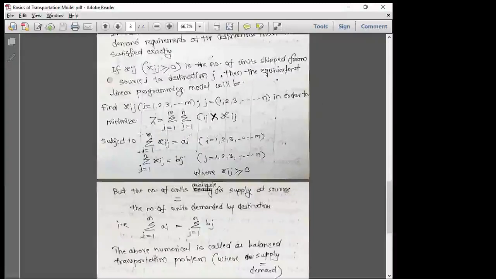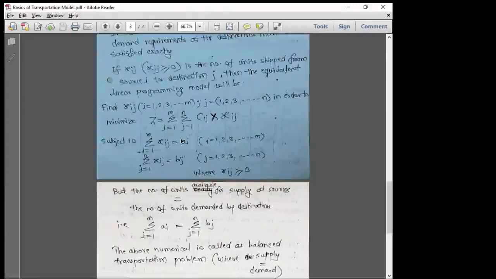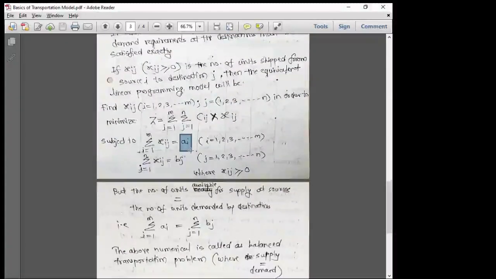So the total number of units supplied should be equal to the total number of units available at the factory. Similarly here, the total number of units supplied is equal to the number of units demanded by the destination.